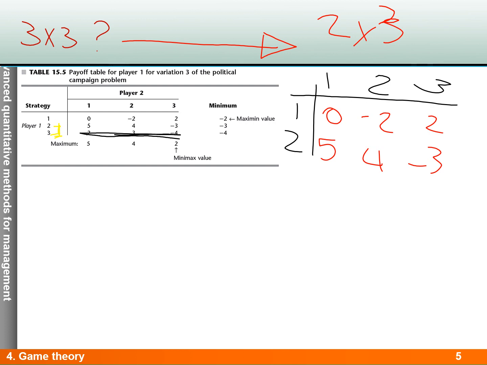So I want to formulate this model. What are the probabilities? x1, x2, y1, y2, and y3.